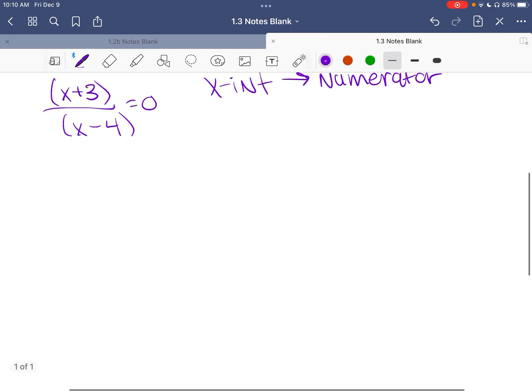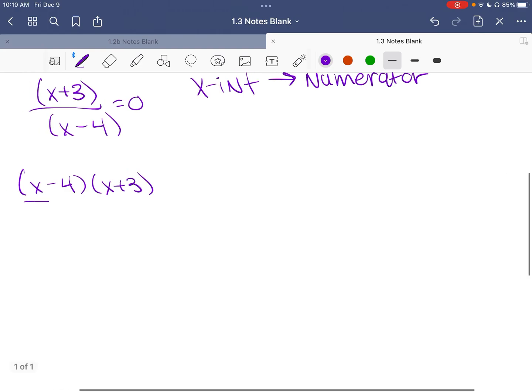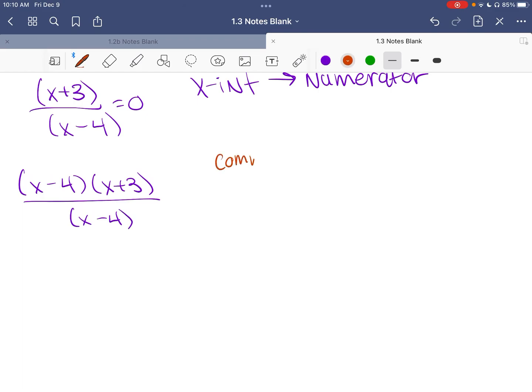Our second type would be if we had something like x minus 4, x plus 3 over x minus 4. Anytime that you have a common factor, those would cancel out.